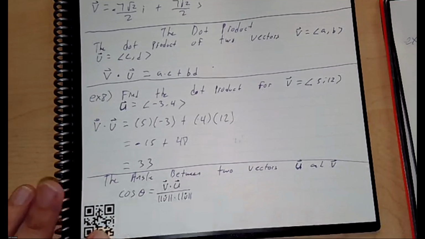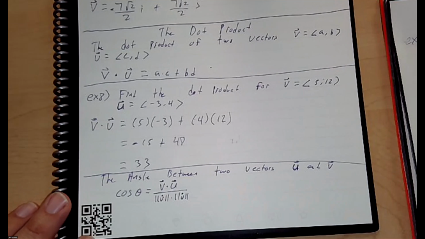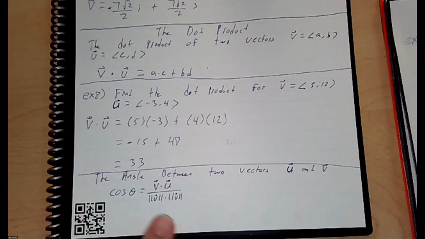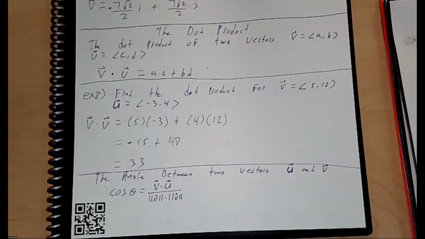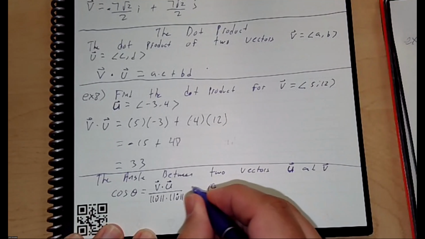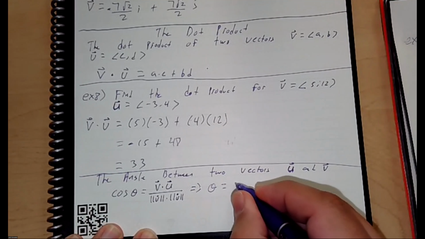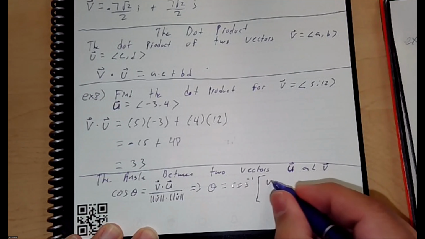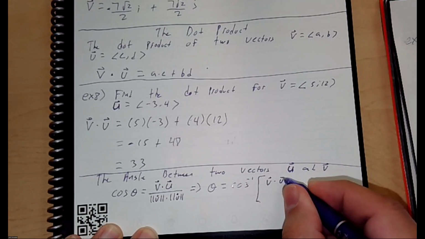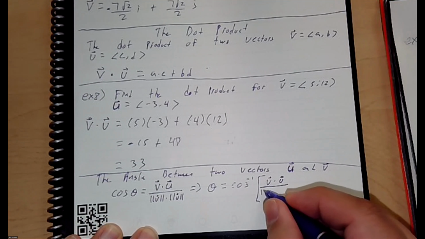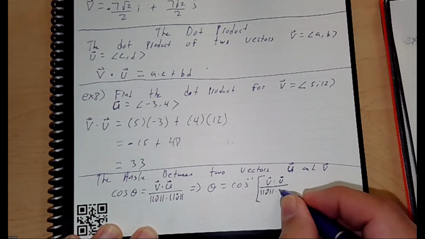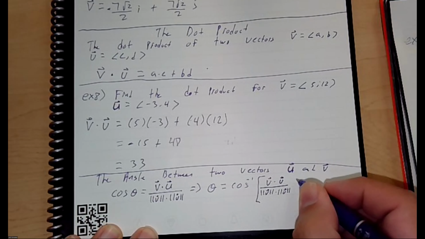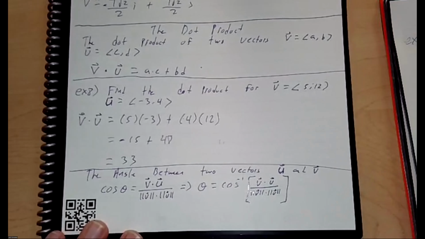So if this is 0, you can see that if you try to solve for theta, you're going to get a 90. Just to save you some time, cosine inverse of this is equal to the angle theta.